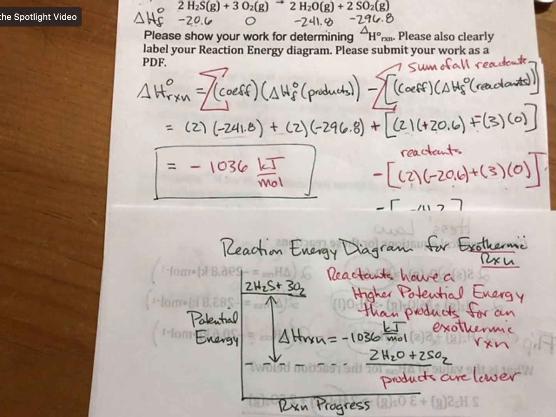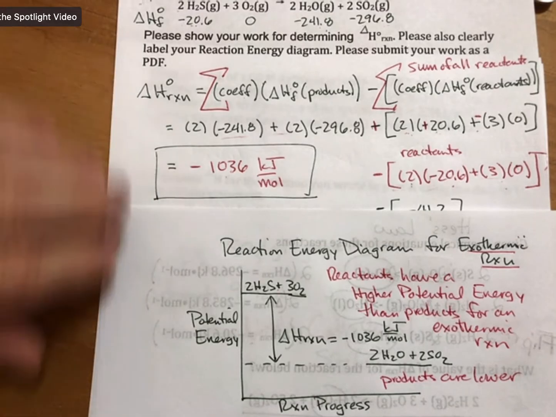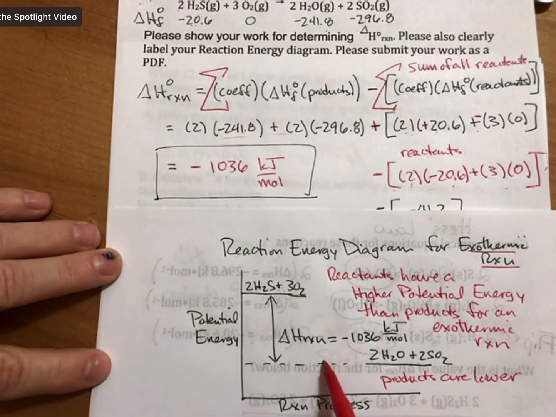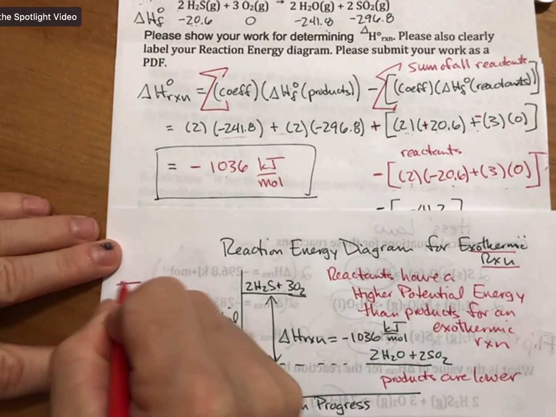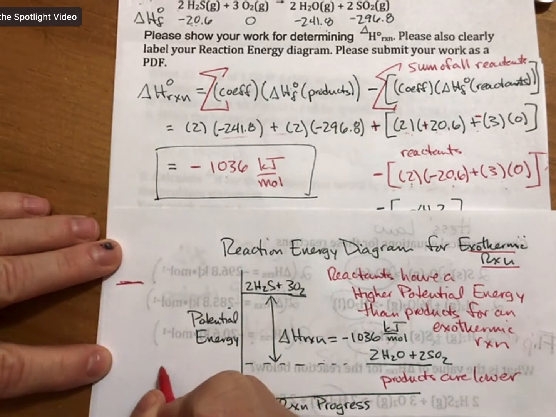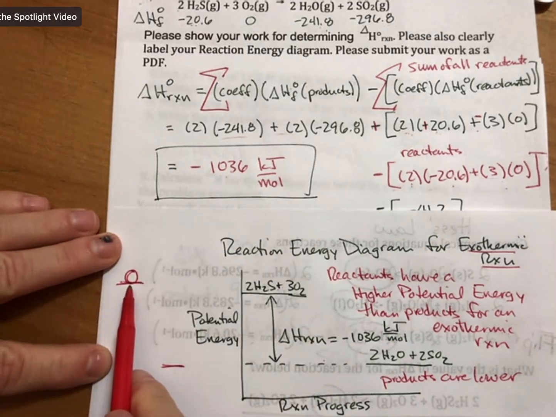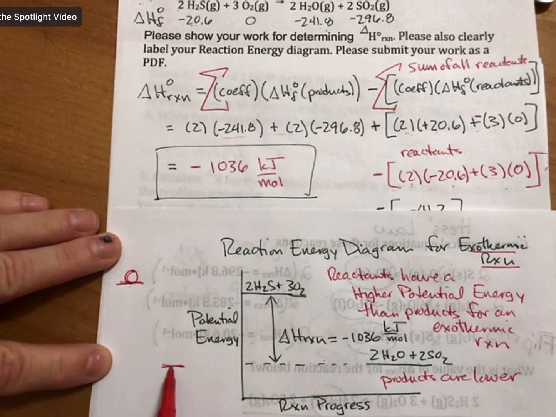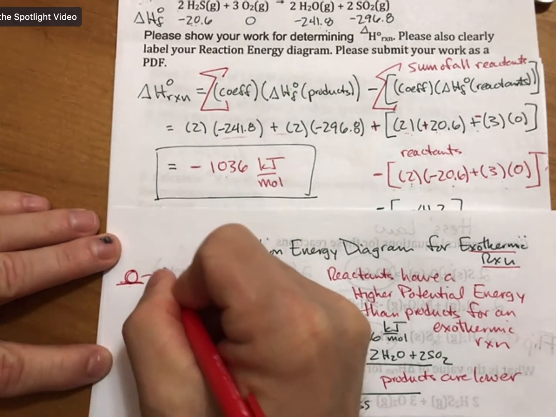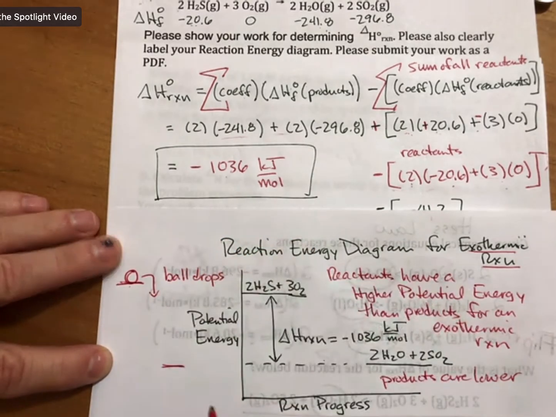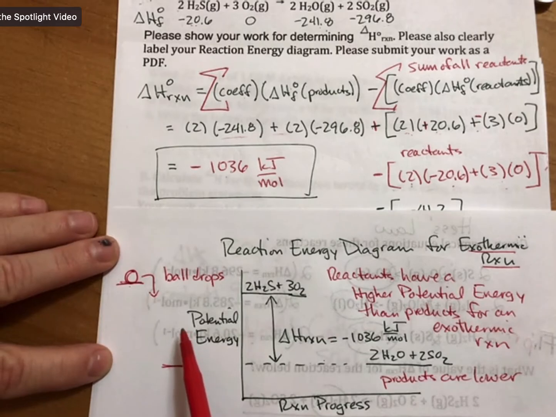Now the next layer of understanding: if I drew a similar picture with up here and down here, and I had a ball up here and allowed that ball to drop down, I can say two things about that process.